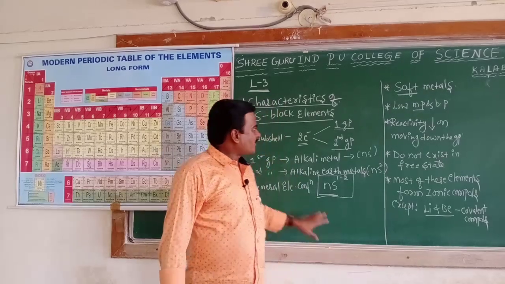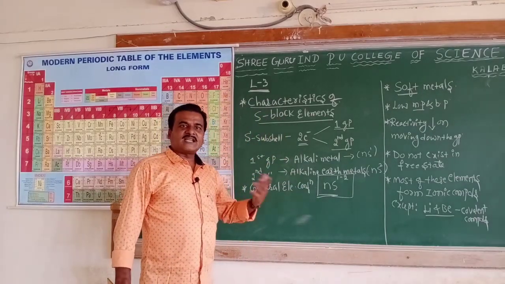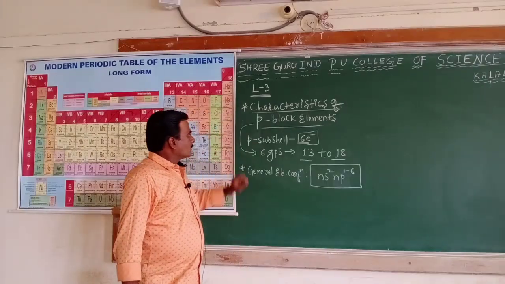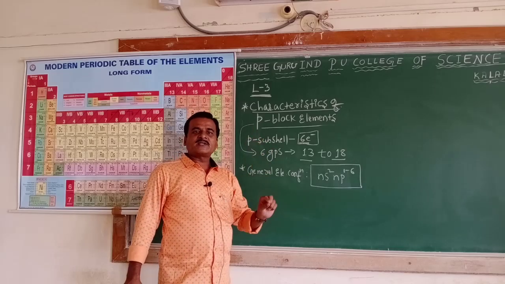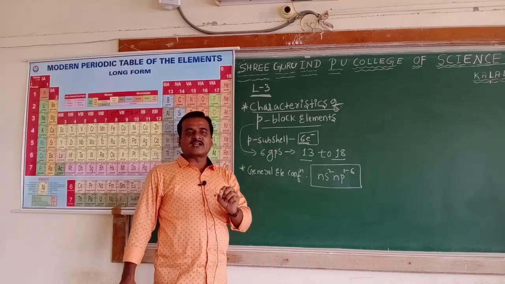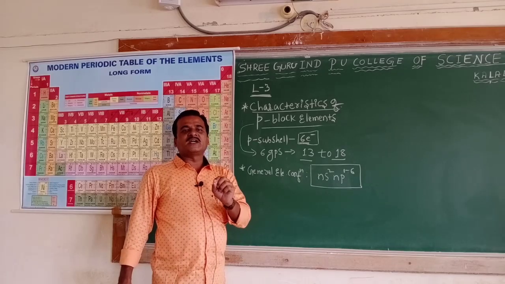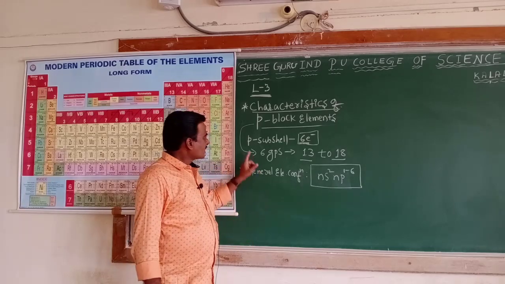After collecting the characteristics of S block, let us collect further the characteristics of P block elements. What are P block elements? The elements in which the last electron enters into P subshell of the outermost orbit are called P block elements.